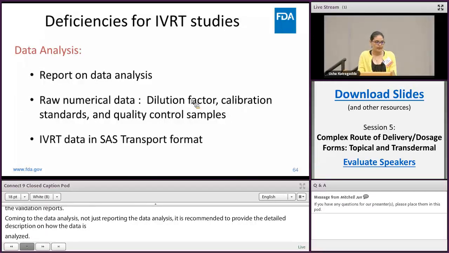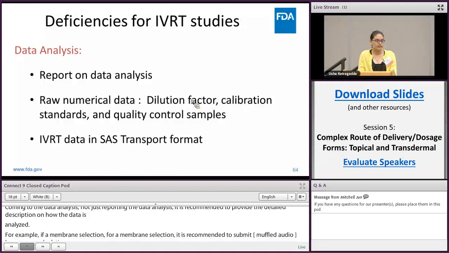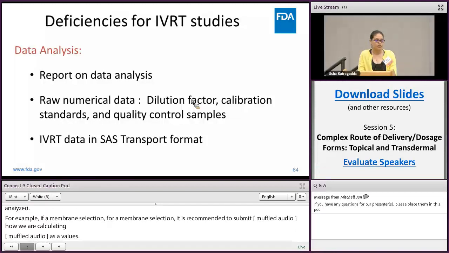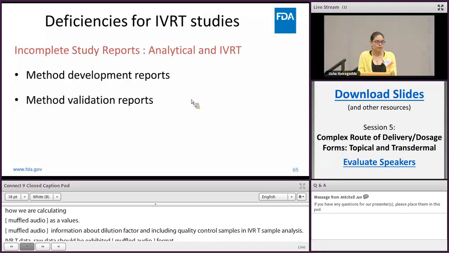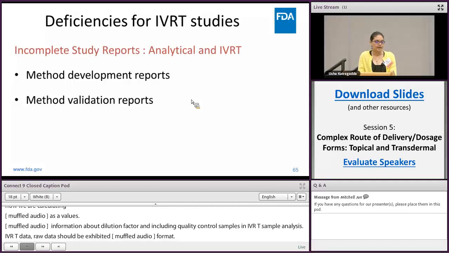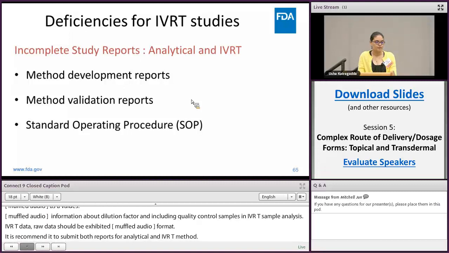Most of the deficiencies observed are missing raw numerical data containing information about dilution factor and quality control samples in IVRT sample analysis. IVRT raw data should be submitted in the form of SAS transport format. It is recommended to submit both reports for analytical and IVRT method, and also SOPs for both analytical and IVRT study.